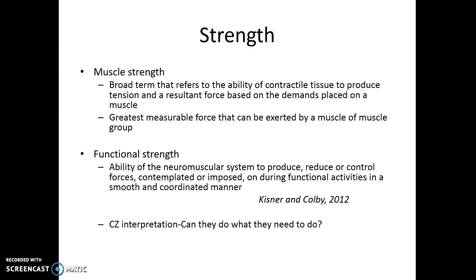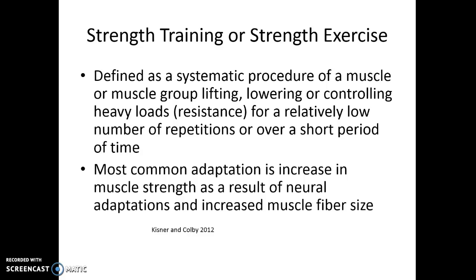Kisner and Colby define that as the ability of the neuromuscular system to produce, reduce, or control forces contemplated or imposed during functional activities in a smooth and coordinated manner. My interpretation of that is, can your patient do what they need to do or what they want to do? Are they strong enough to lift a coffee cup into the cupboard, or are they strong enough to get off of the toilet?